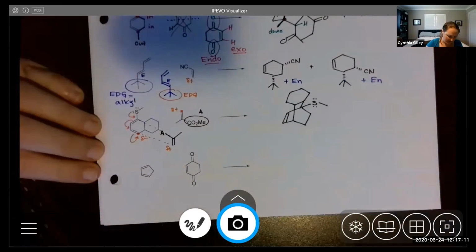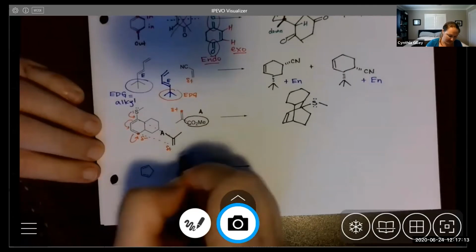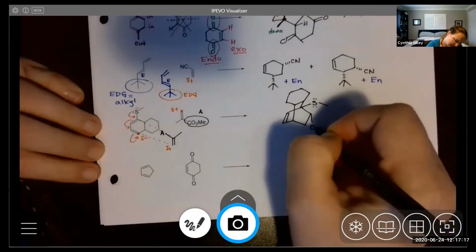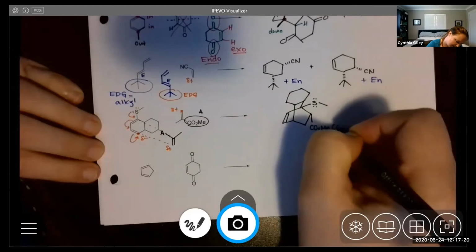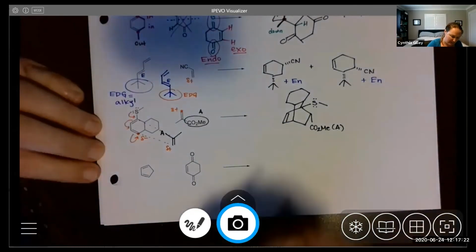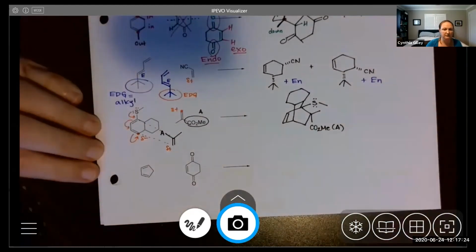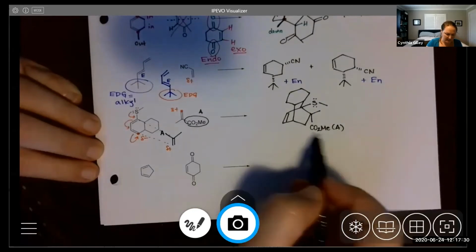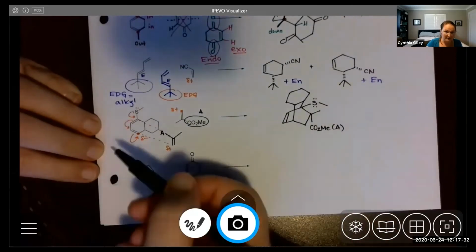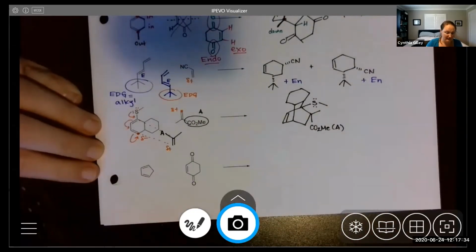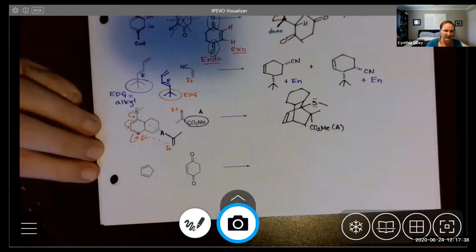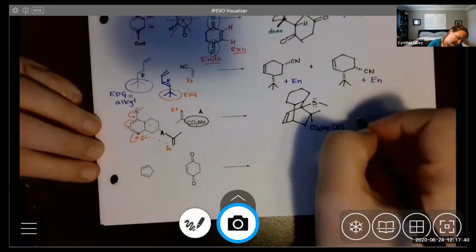And what did I add? Right, I added this dienophile. It's got the electron withdrawing group pointed down. That's the CO2 or A. And then the methyl pointed up. Because the methyl approached exo, so it ends up up. Electron withdrawing group approached endo, so it ends up down. This is just a CH2. Definitely have it in here.